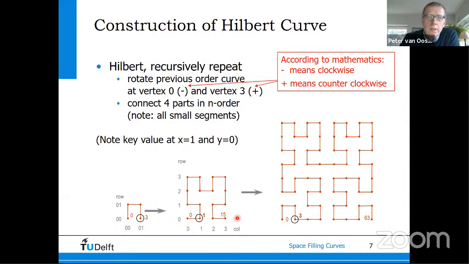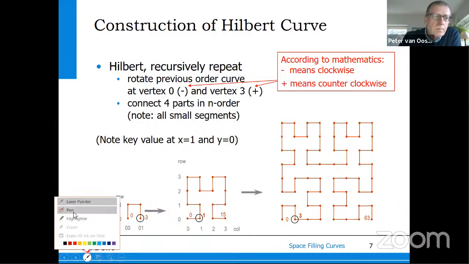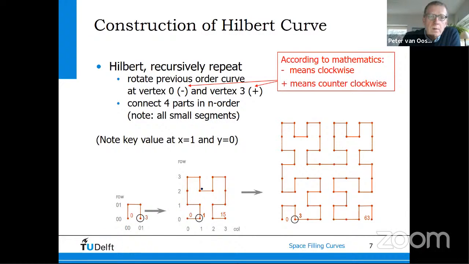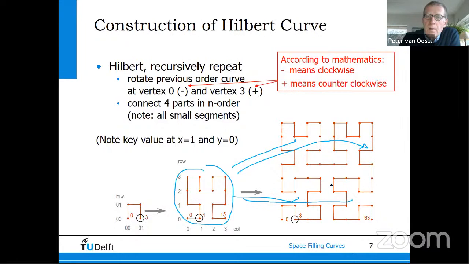Okay, then we do it again. Same procedure. We copy this whole thing to the 4 positions. So here, here, this position, here, and also here. The top 2 are okay, at positions 2 and 3, but at position 0 and at position 3 you rotate.